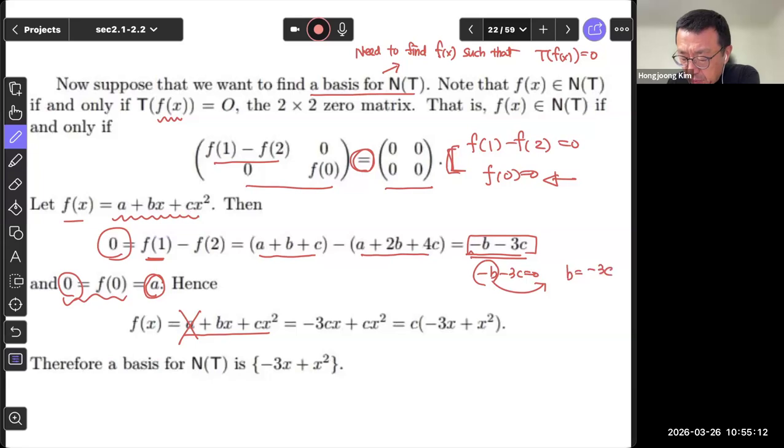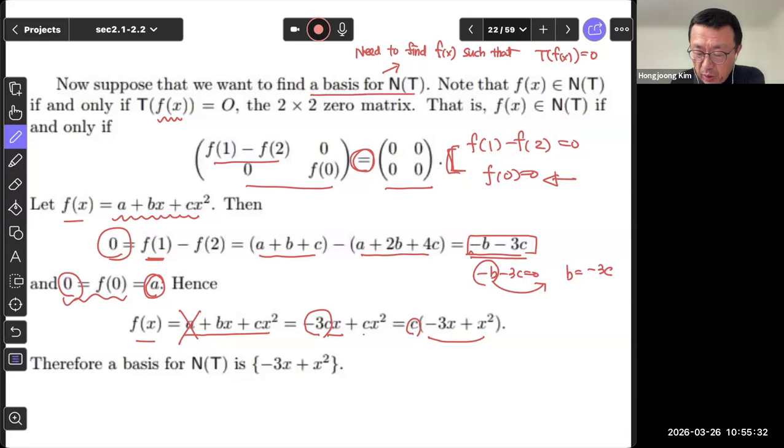So when b is replaced by negative 3c, then you get negative 3cx plus cx squared, that is f. And since both terms have c in common, I can write down c multiple of negative 3x plus x squared.